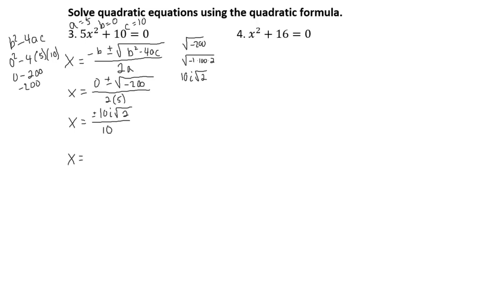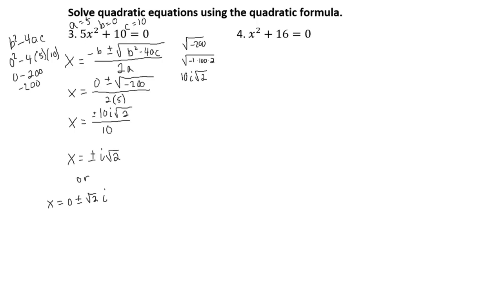So then x equals plus or minus 10 divided by 10 is 1, so then we have i root 2. Now you can leave it like that, or if you were asked to put it in complex numbers, then you would write x equals 0 plus or minus square root of 2 i, just depending on what form you need to put it in, but either one should be accepted.